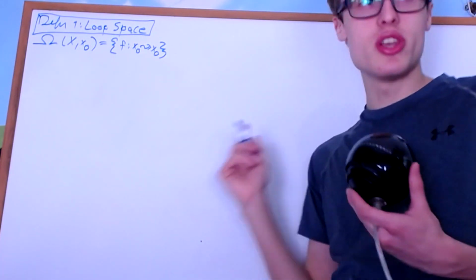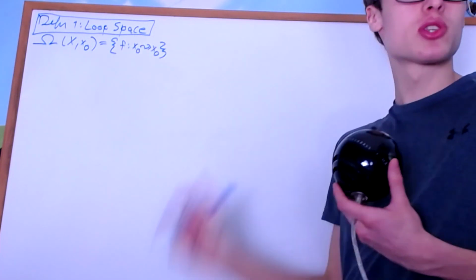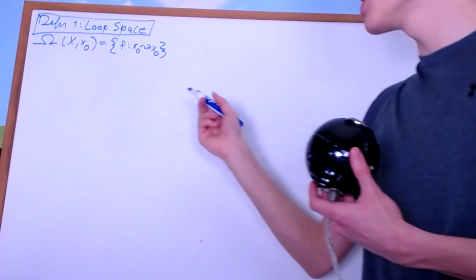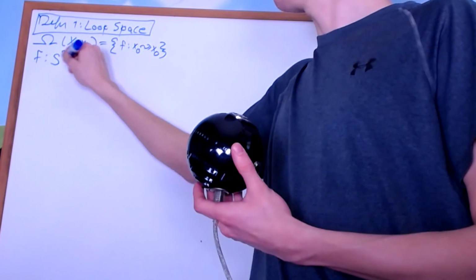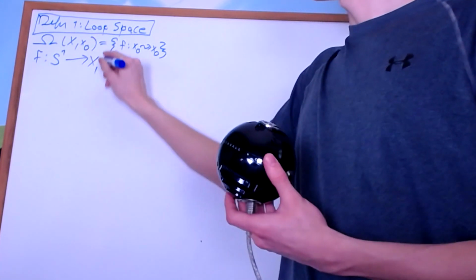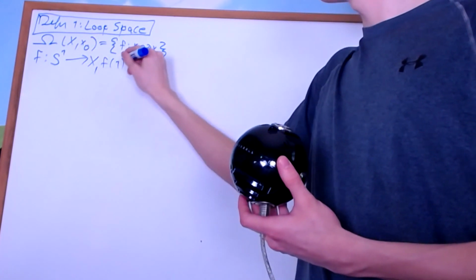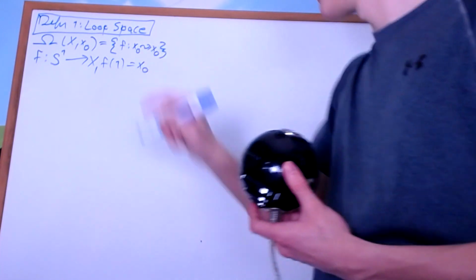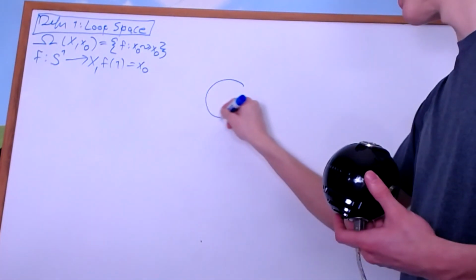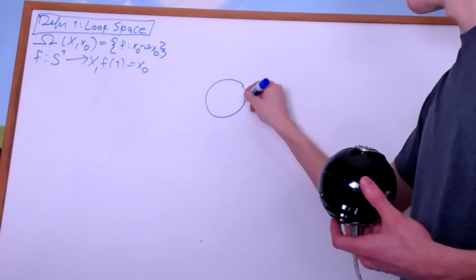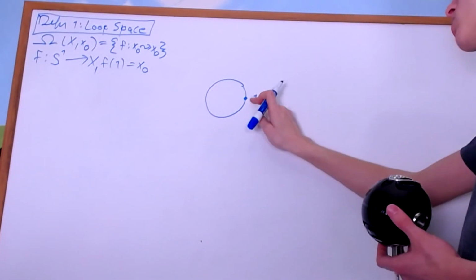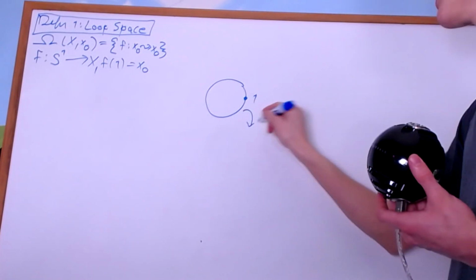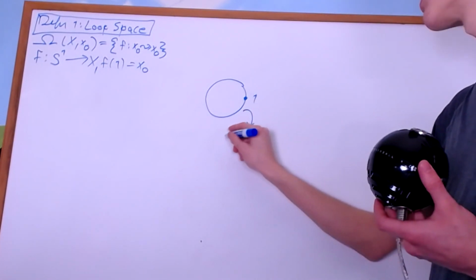Now, something you should note is that these loops can also be viewed as maps from the circle into the space, where you have it that f of 1 is your base point. Basically meaning you have your circle, you have your point 1 right there, if this is the complex unit circle, and then you just map it into your space x.